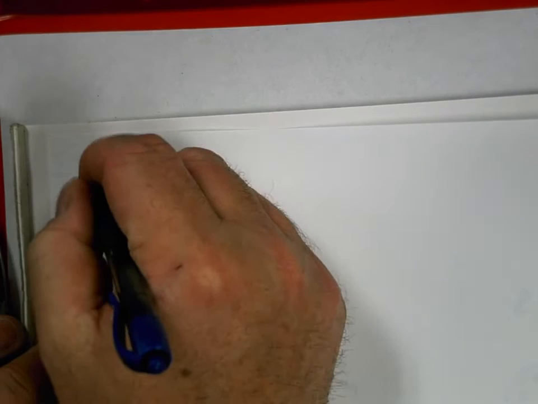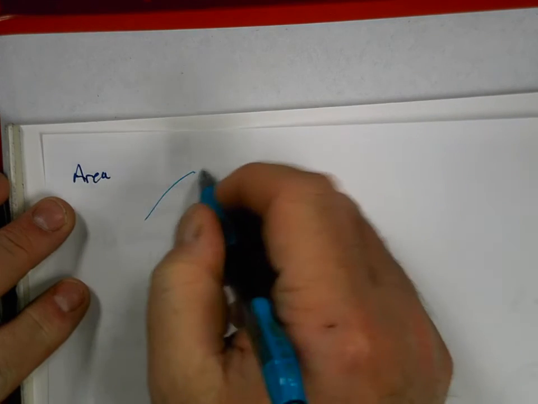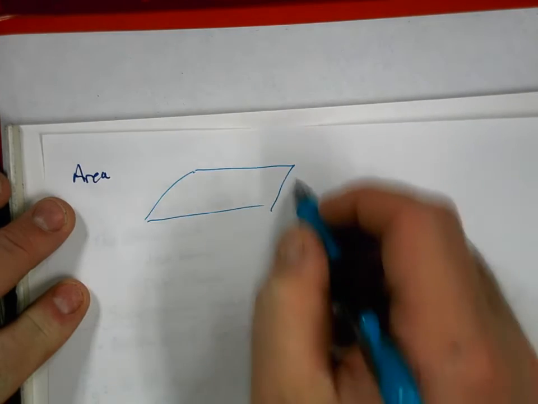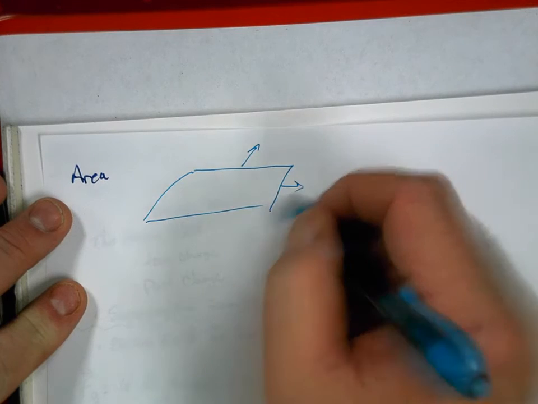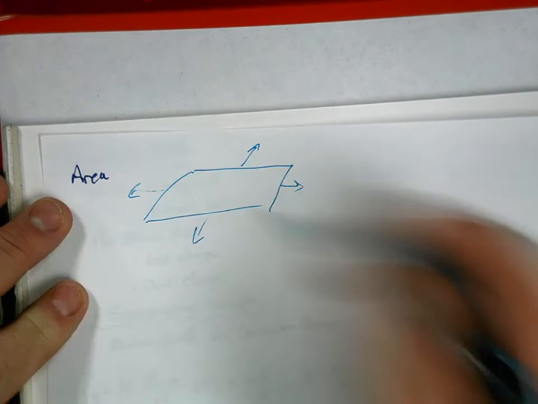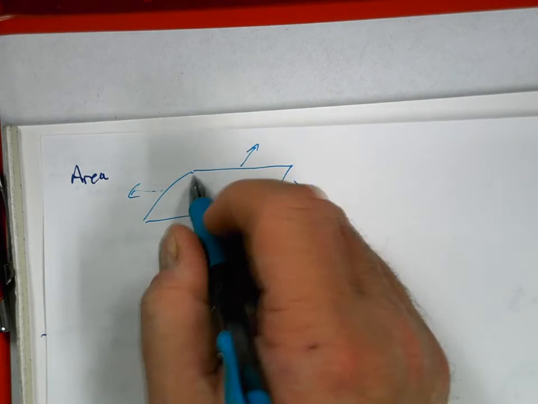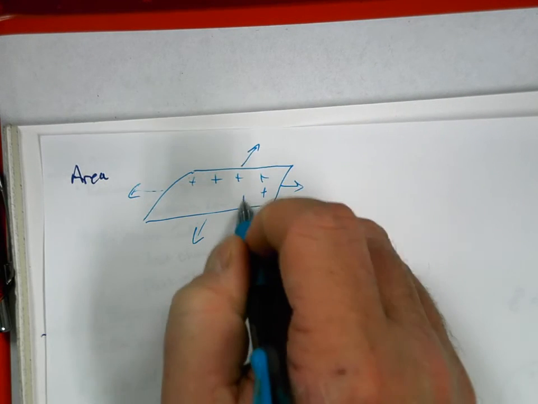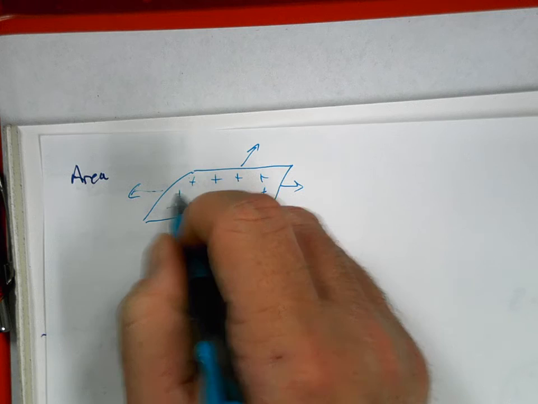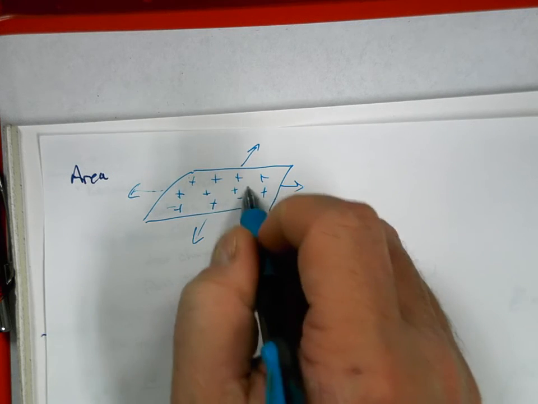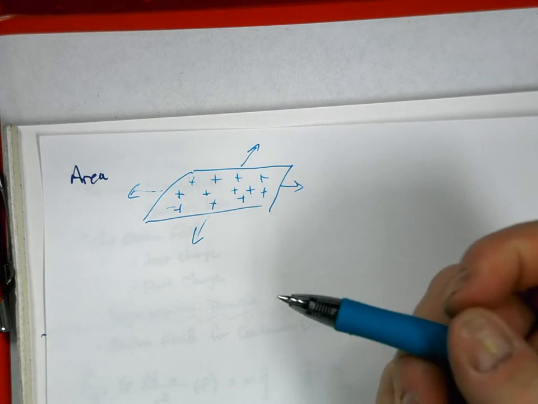Okay, let's slide that up a little bit. If we've got an area, then our area now goes on that way and that way, and it also has a uniform charge throughout. According to our math, we need to have uniform charge.